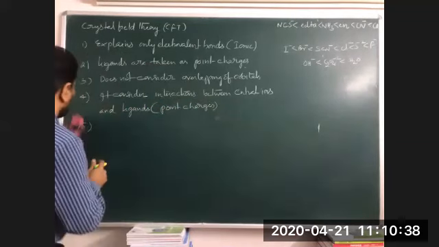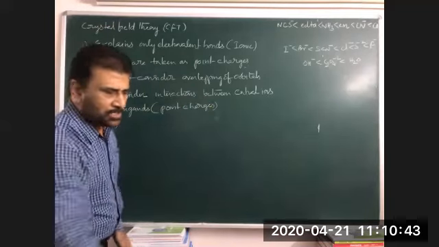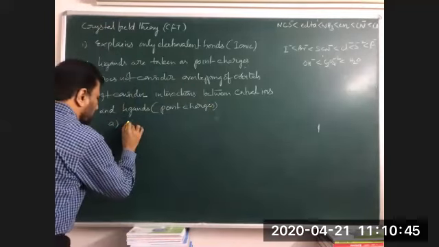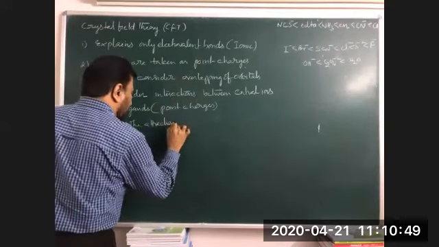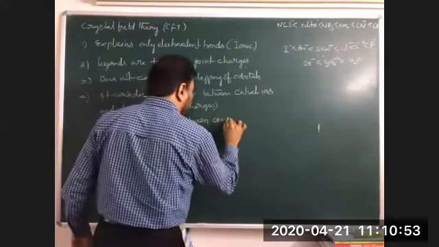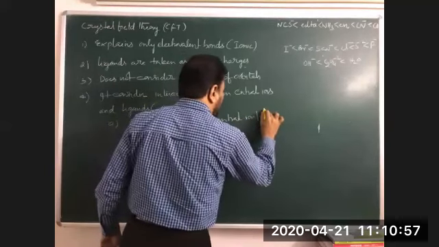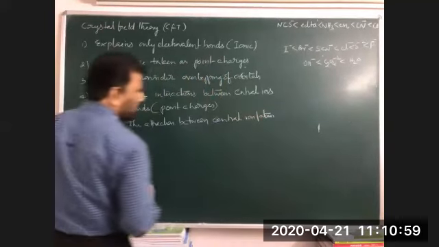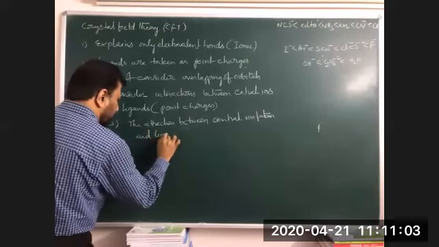These interactions can be divided into two types, that is attractions and repulsions. The attraction between the central metal ion or atom and ligands.